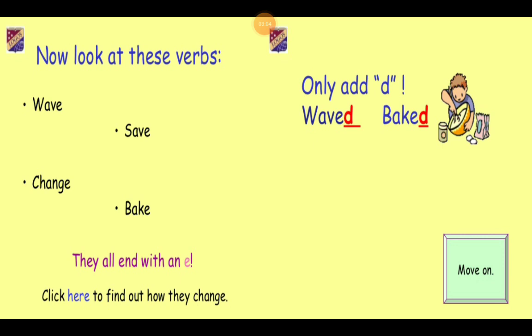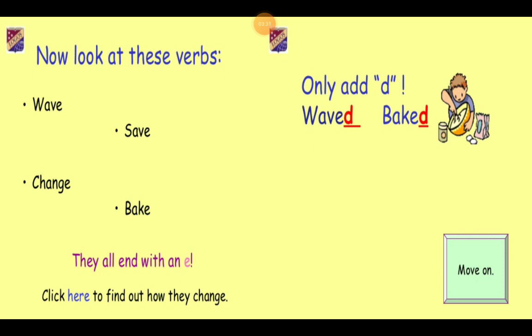Now look at these four verbs: wave, save, change, bake. For all these four verbs, we can note down the common point, that is all these verbs end with the letter E. So here there is no need to add ed for V2 form, because we have already E in these verbs.